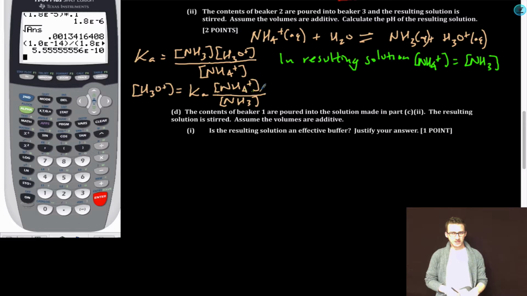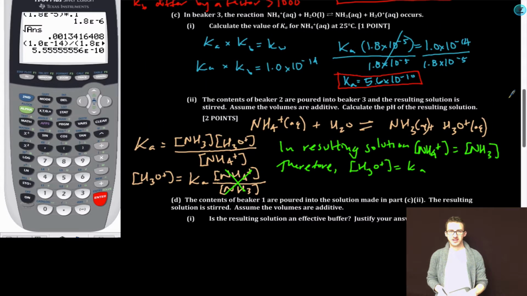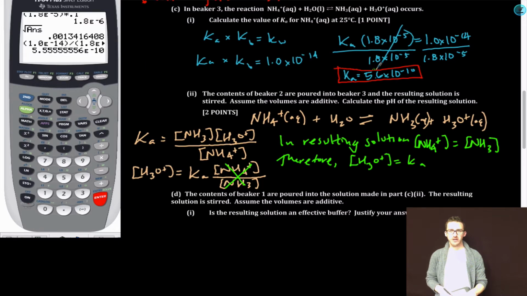Now what that does for us, because these two values are the same, ammonium ion concentration and ammonia concentration, anything divided by itself, whatever it is, is just going to drop out of the calculation because anything divided by itself is 1. Which means, therefore, hydronium ion concentration equals Ka, which we determined up here in part C to be 5.6 times 10 to the minus 10.